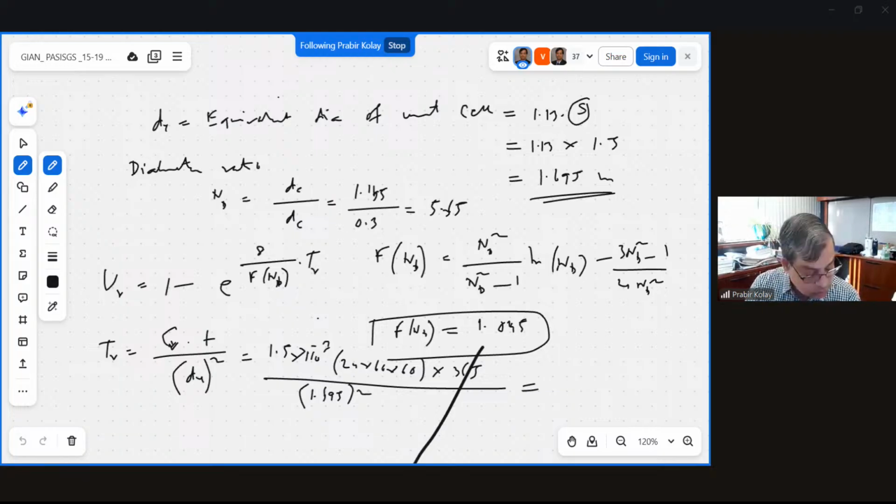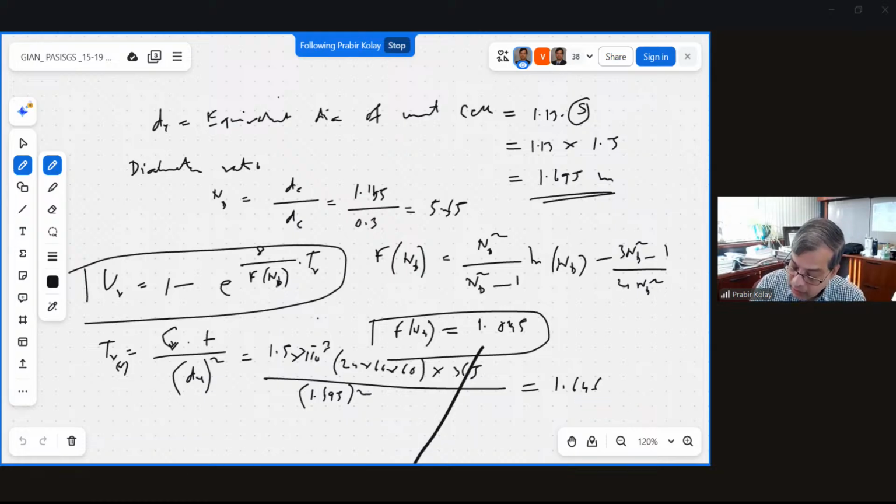So degree of consolidation, again this is in radial direction. You can calculate this one as 1.646. If you know that, then you can use this equation again. Just plug it in over here, this is radial direction.